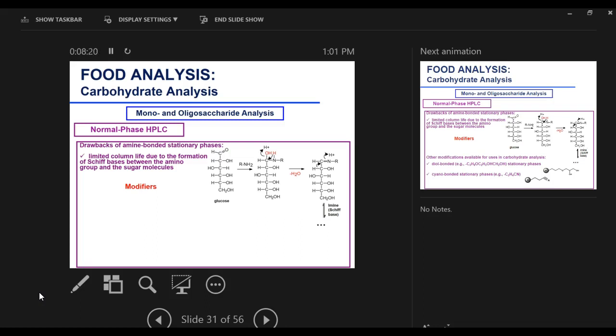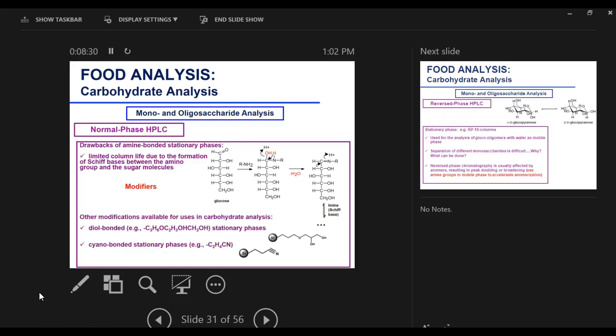So you have to continuously regenerate your column because you lose amine groups due to reaction with reducing ends. Other modified silica that can be used for normal phase are diol bonded and cyano bonded. These are two other types of stationary phases that can be used for normal phase HPLC.